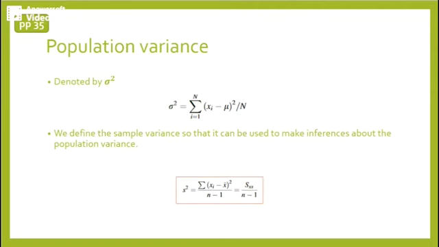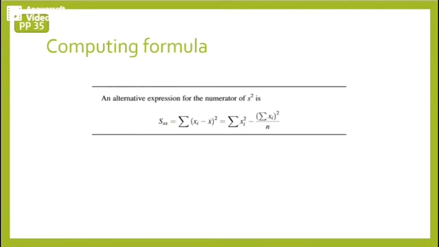As you would have seen from the example that we did a few slides earlier, calculating the variance is quite a tedious task. So we construct a computing formula to be able to calculate the variance much more easily and to guard against the effects of rounding. This is the computing formula that we are going to use.